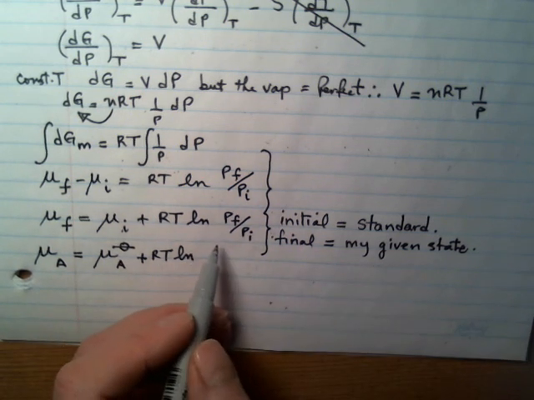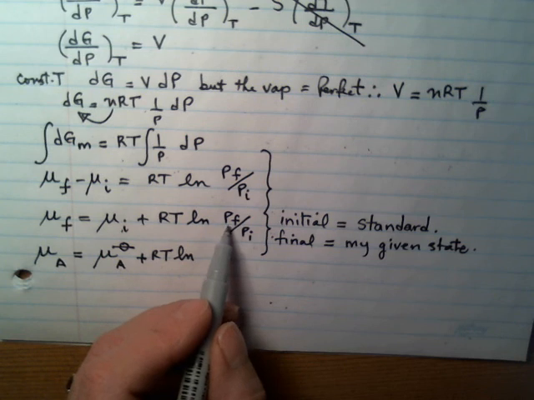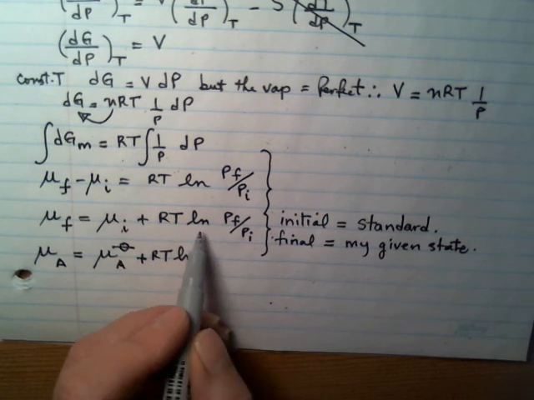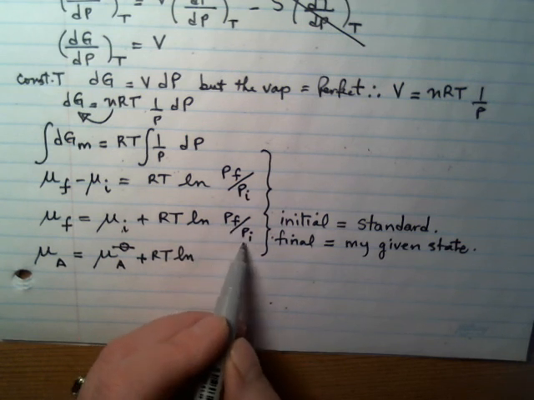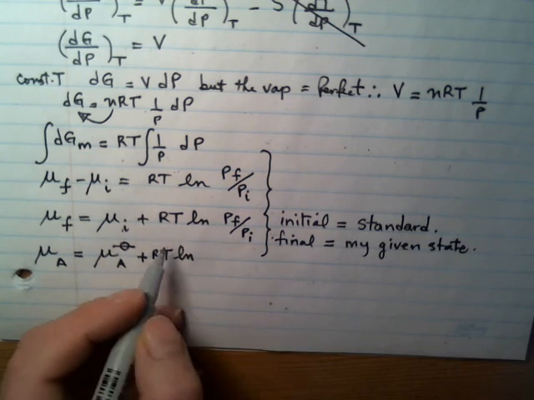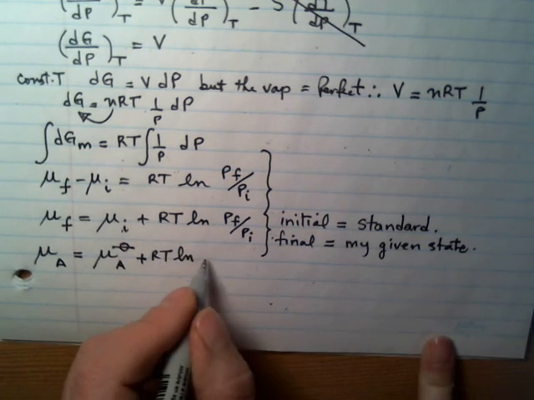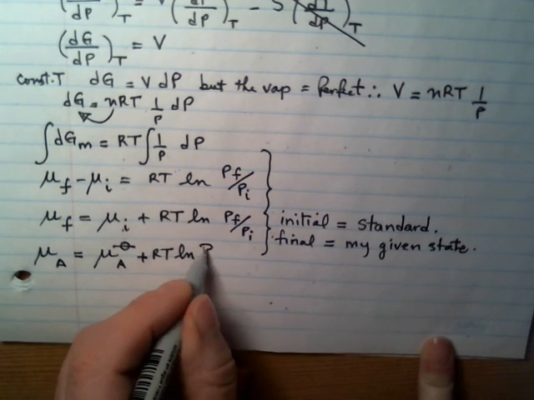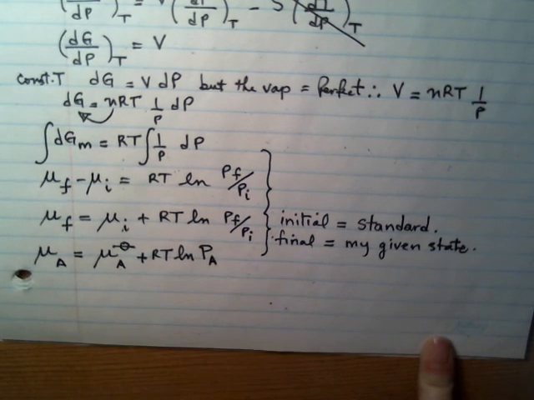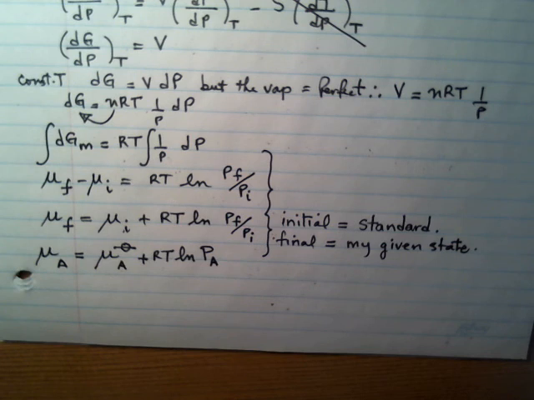And if you want to think about it differently, the ln of P final over P initial is actually the ln of P final minus the ln of P initial. And the ln of P initial we just said was 0. So either way you look at it, this is just the ln of P final, which is just the ln of the vapor pressure in that state.